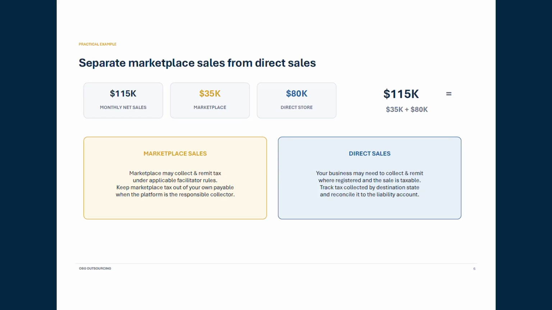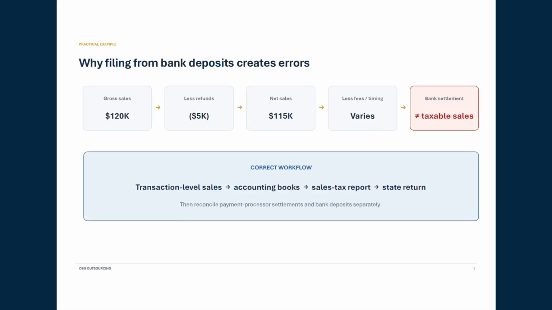For the direct portion, the company may have its own collection responsibility where it is registered and the transaction is taxable. Bookkeeping must keep these channels separate so the tax collected by the marketplace is not accidentally added to the company's own payable balance. This is one of the most common reasons a sales tax payable account becomes overstated.